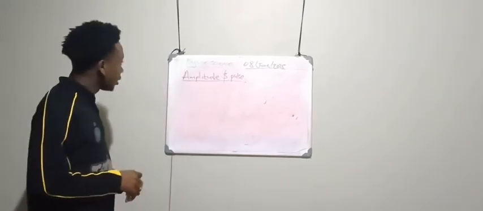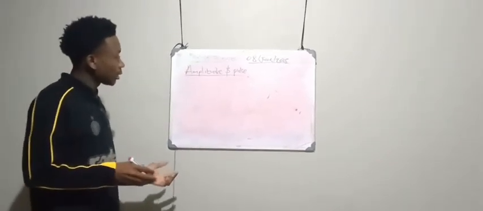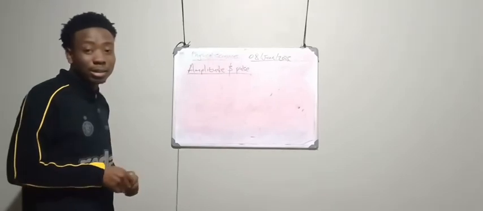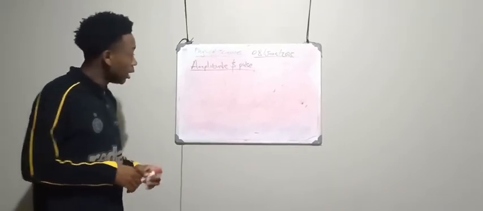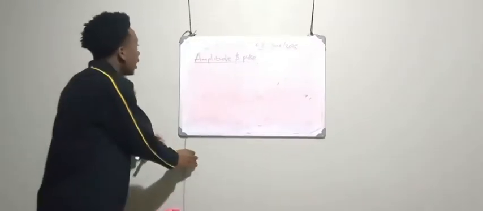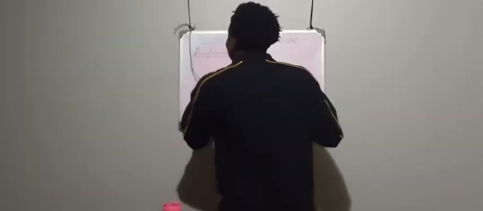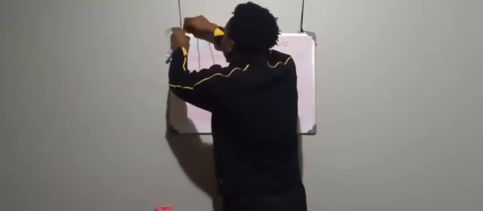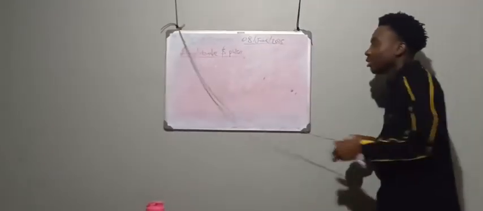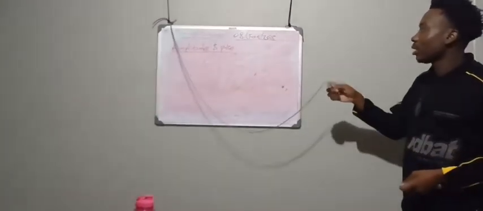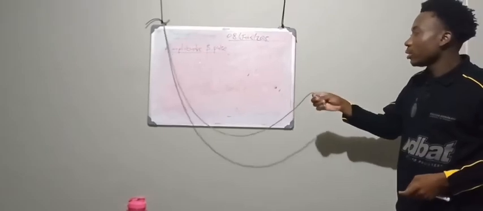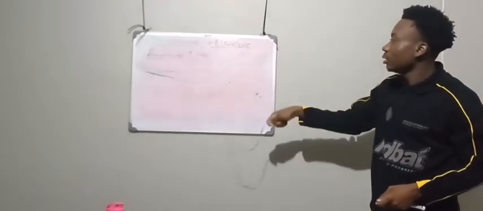Let me show you a demonstration of how a pulse moves. I have a string. I tie the string here on the wall. Here's our string. Then I flick my string once. See, that's how.